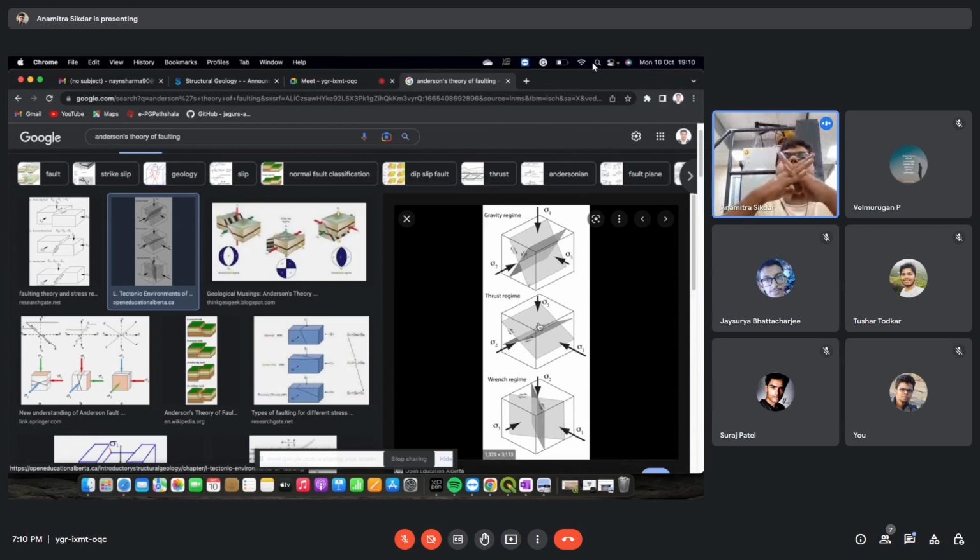So if your sigma 3 is not vertical and sigma 1 is not vertical, that means they have to be horizontal, right? And the line produced by the intersection of these two planes will be vertical. That means sigma 2 is vertical for transform faults.